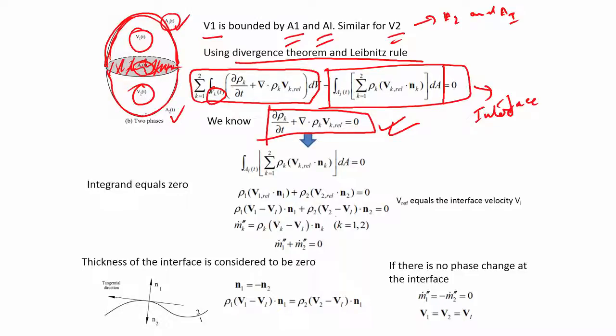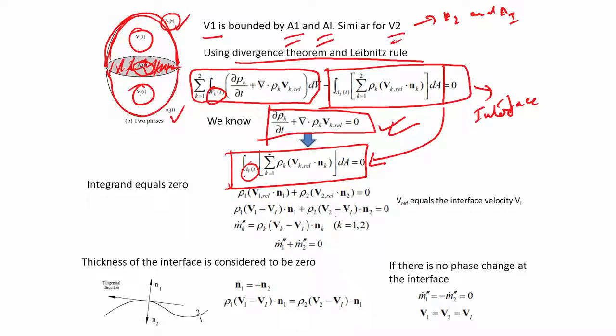However, this implies that this particular term, written across the interfacial area AI, must also be equal to 0, except that it is over AI.